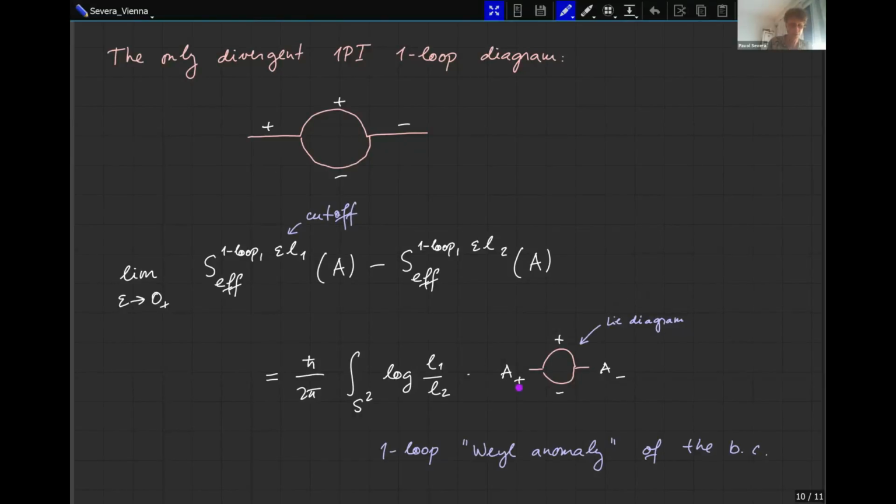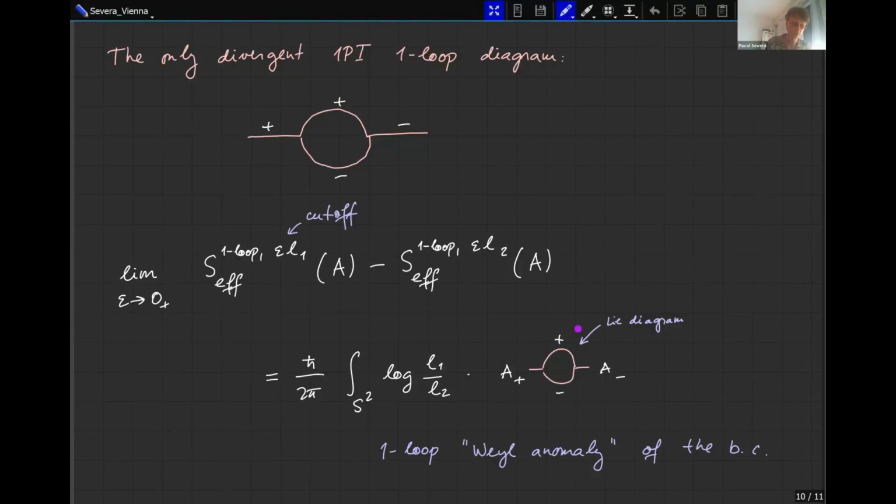A plus has values in V plus, A minus has values in V minus. We apply here the structure constants, and do it. And this can be understood: it is really the one loop Weyl anomaly of our boundary condition. You see that this is how it actually depends on L1 or on L2.